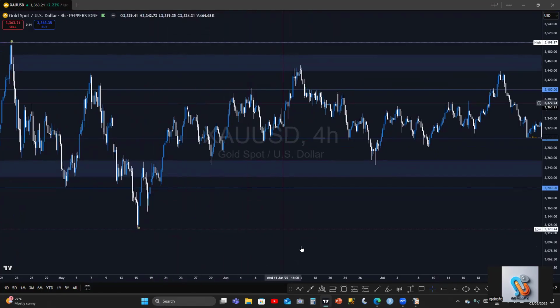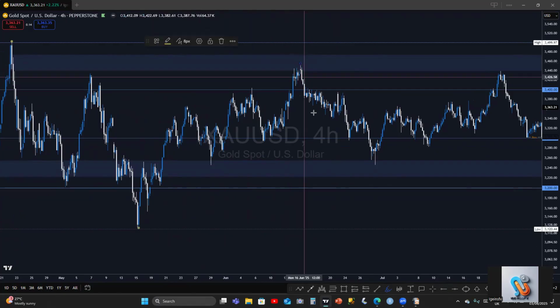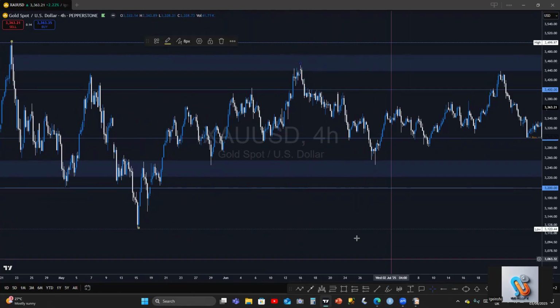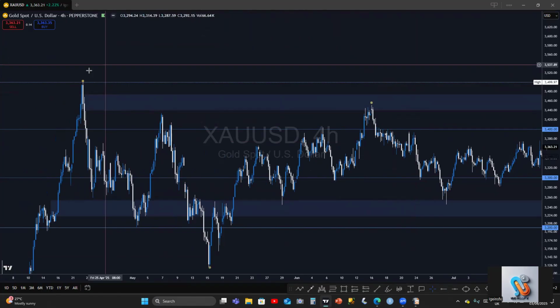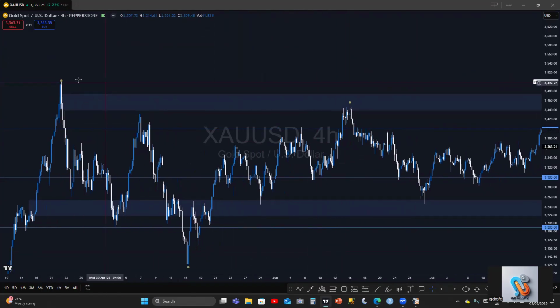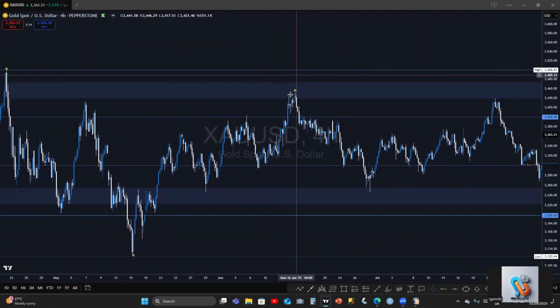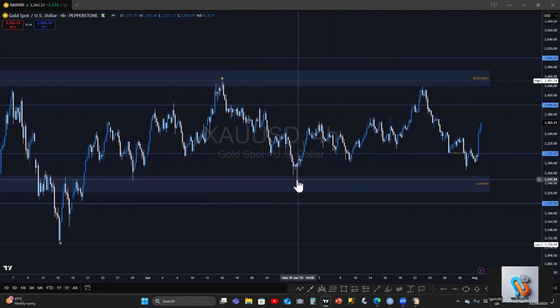Then this leg created another high, but the high did not take out this one. So it created a lower high here. Then this one came and created this low, retesting this same level again.